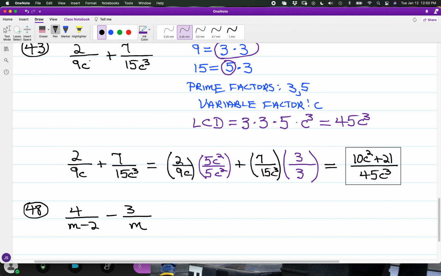For the least common denominator, the variable factors are m and m minus 2, so the least common denominator is just the product of these respective denominators.